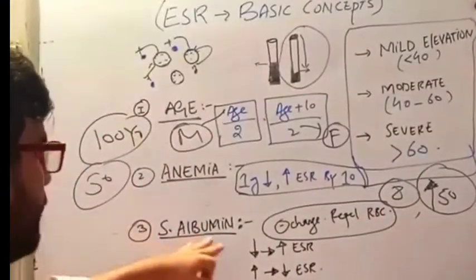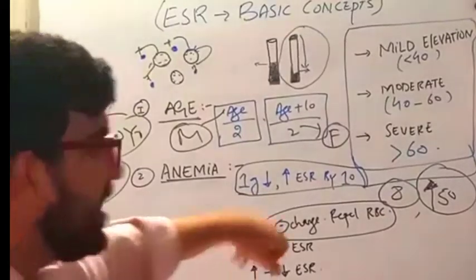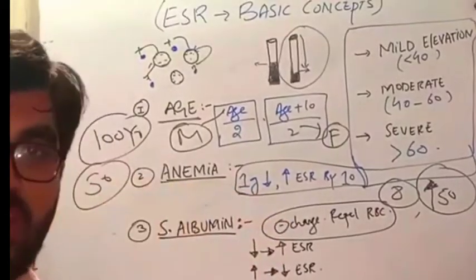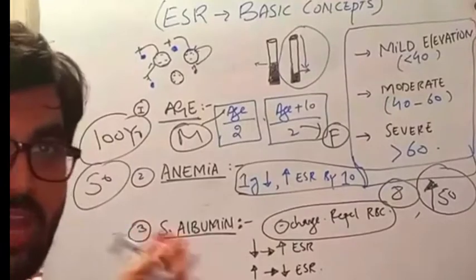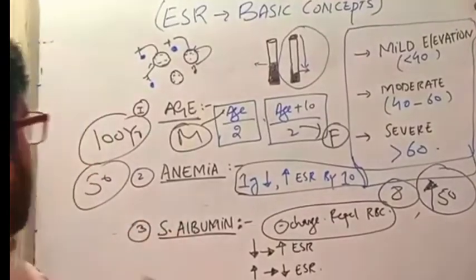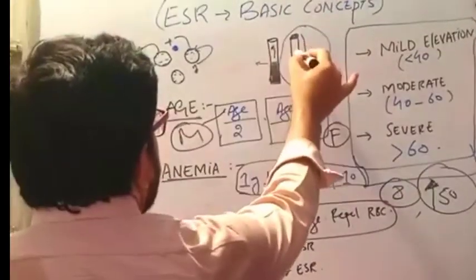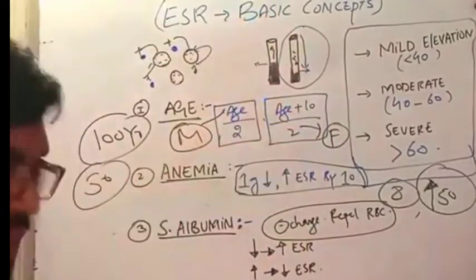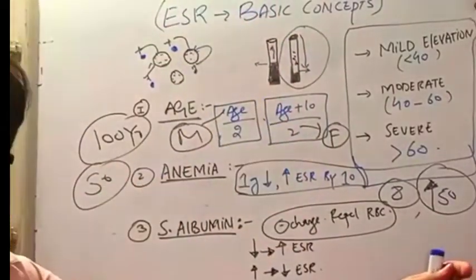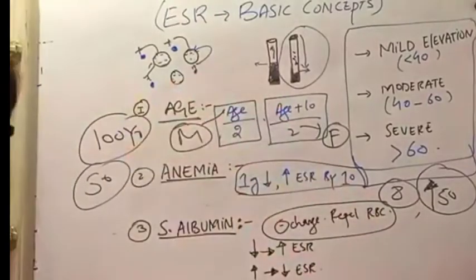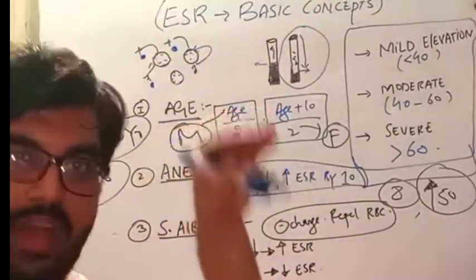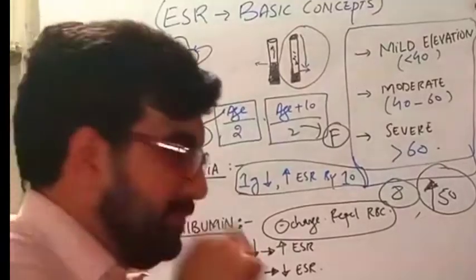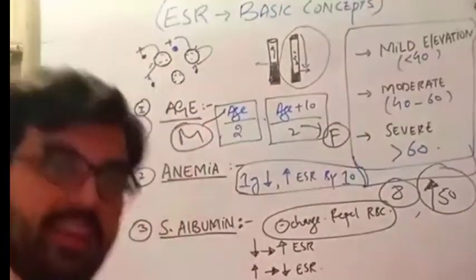Coming toward the serum albumin. Now the albumin has negative charge, and the RBC also has negative charge. So albumin repels RBC. If the albumin repels the RBC, it means the RBC settling does not happen. If the RBC cannot settle down, it means the ESR will be low. What is the ESR? Settling down of RBC.